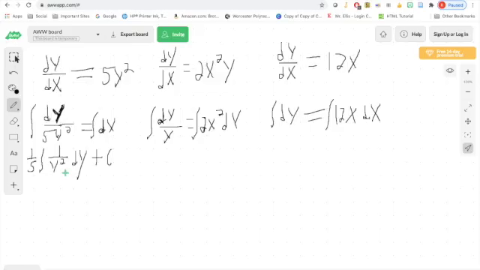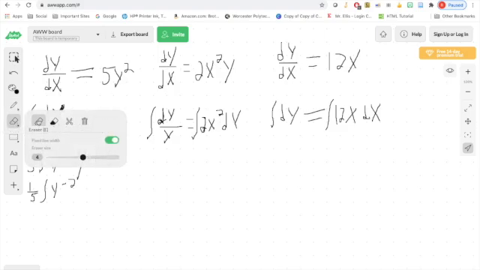And now we can turn this into a form that will probably make a lot of you a lot more comfortable with this problem. I also just want to note that the plus c should actually only come in at the end.